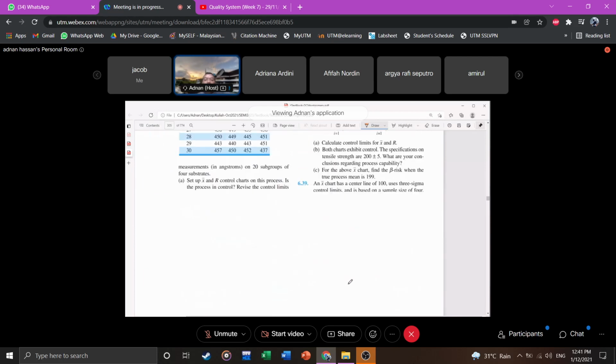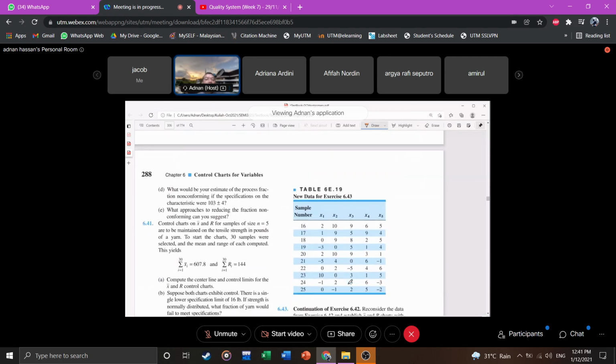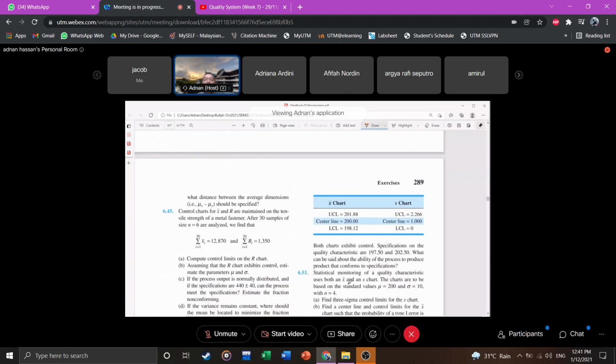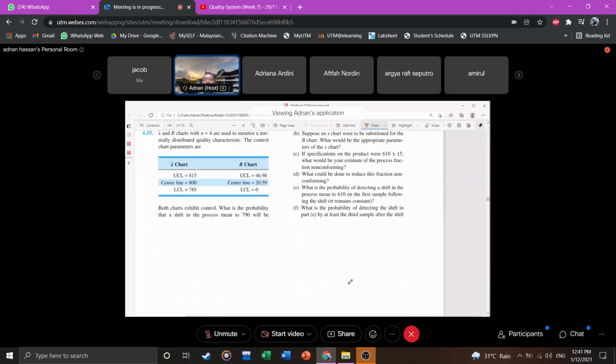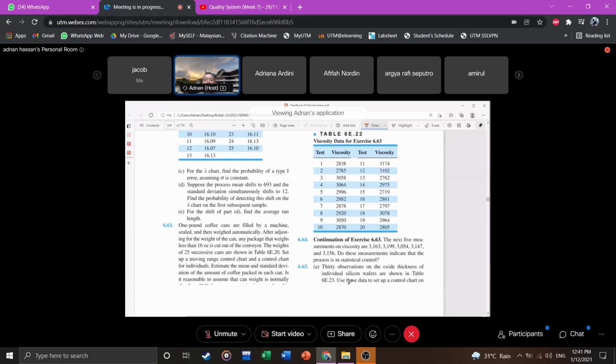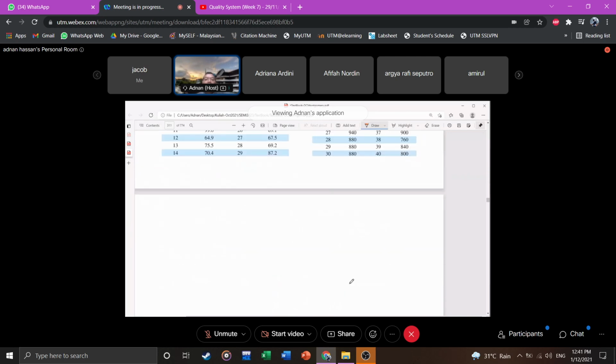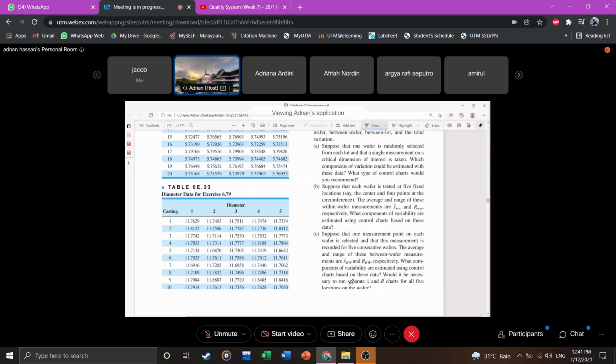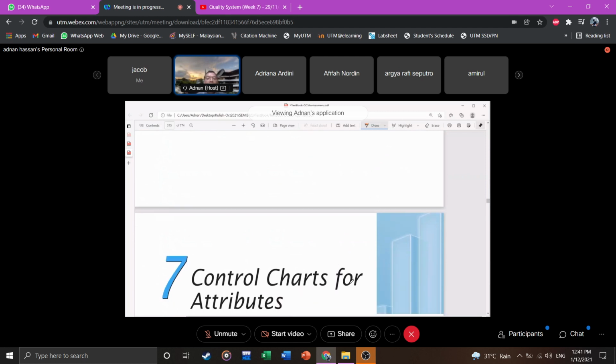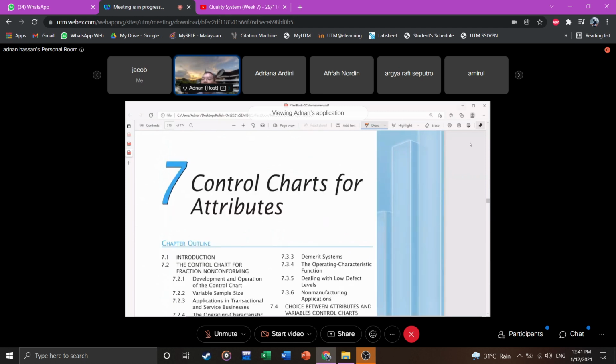Let me quickly go to the EWMA control chart, which is also a control chart for individuals. I think this is on chapter 9. Okay, I move to chapter 9.